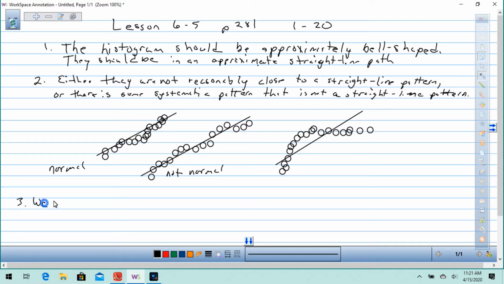Well, we must verify that the sample is from a population having a normal distribution.